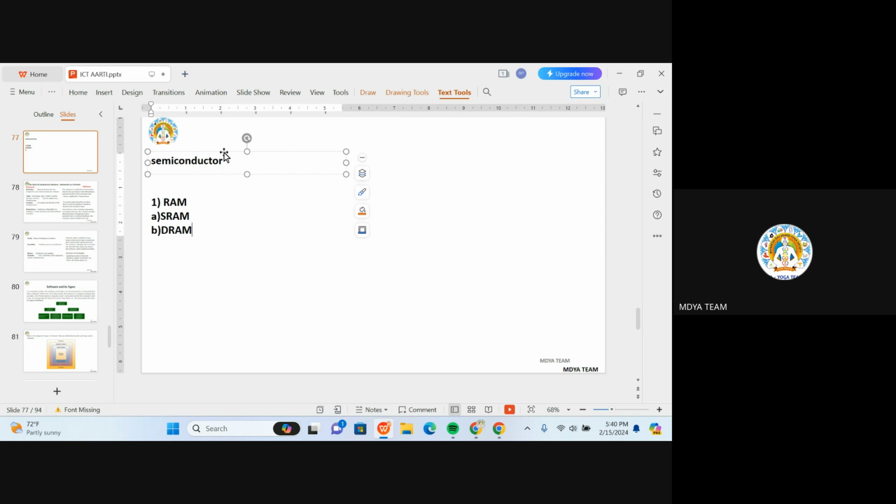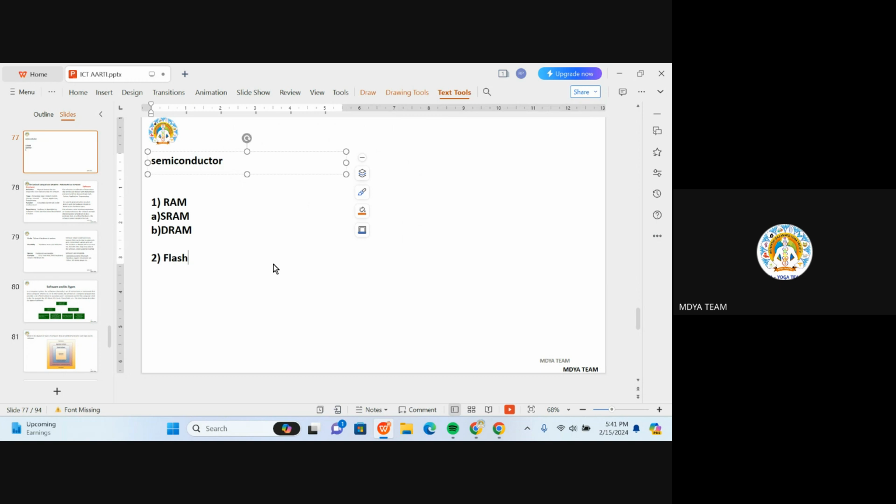Then an important one, which questions sometimes ask in exams: flash memory. What is flash memory? I told you, in SSD there are NAND flash controllers. They are made up of NAND. What is NAND? NAND is a logic gate. You have to just understand this word, because this is a very deep mechanism.